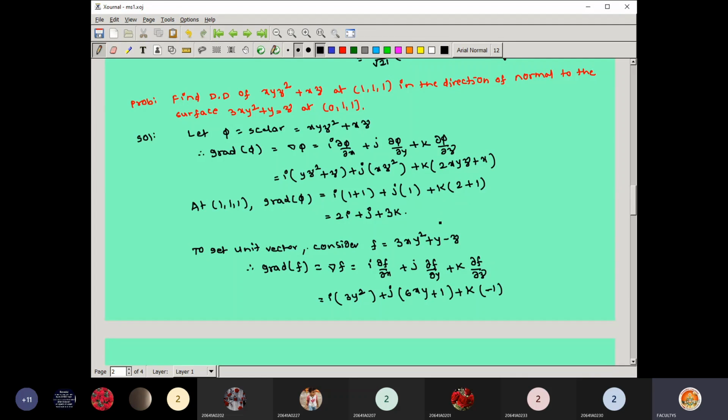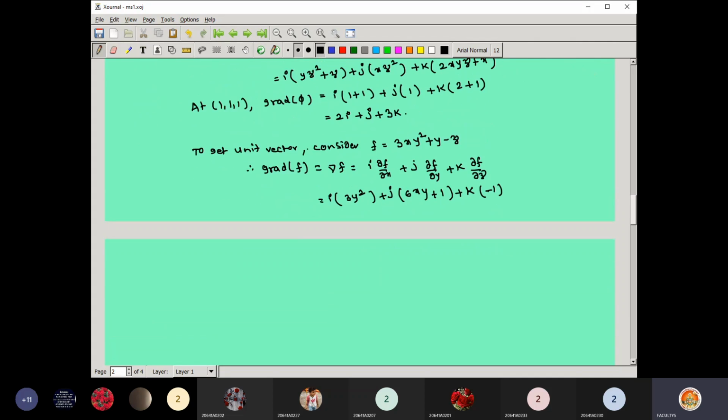And look at the problem. In the direction of normal to the surface, a function is given at the point. It is only for that, that point, so do the calculation at that point. What is the point? They have given the point is 0, 1, 1.